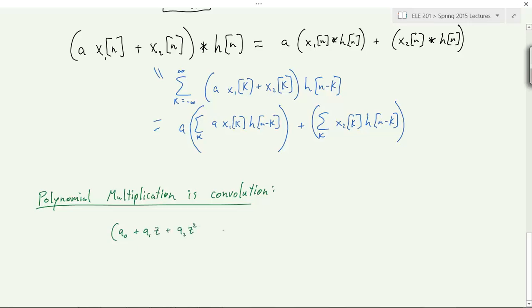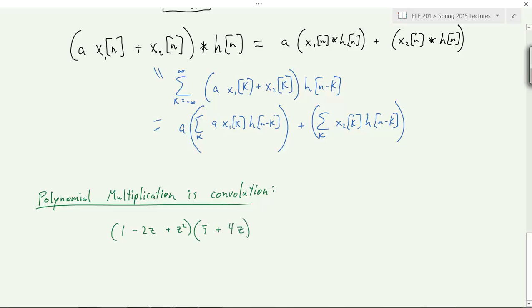I'm just thinking of actual numbers, so you've got 1 minus 2z plus z squared, and you multiply that by 5 plus 4z.